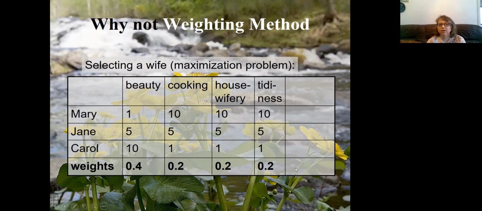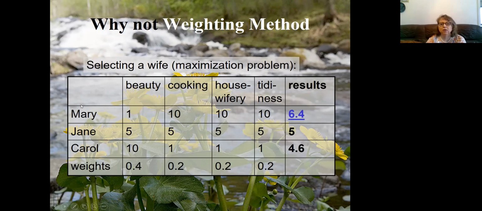So we have this kind of weights. When we apply the weighting method, we calculate the weighted sums for each of these solution candidates, and tada, because higher value was better in these qualities, we get the best value for Mary.